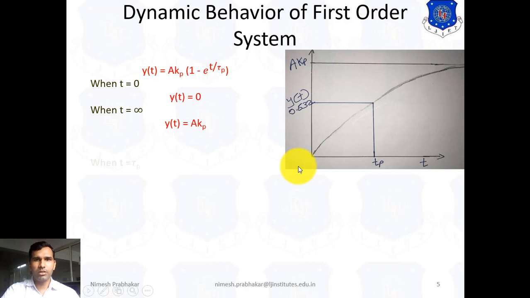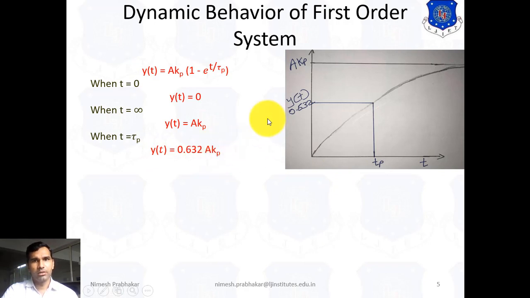Now, for the behavior of the response, in this equation we put t equals tau_p. So instead of t we put tau_p, and tau_p cancels, so we get e raised to minus 1. We know the value of e, so by putting that value we get y of t equals 0.632 A K_p.